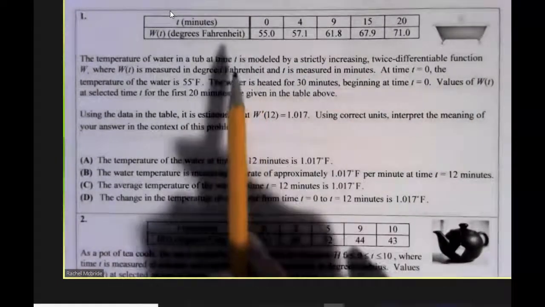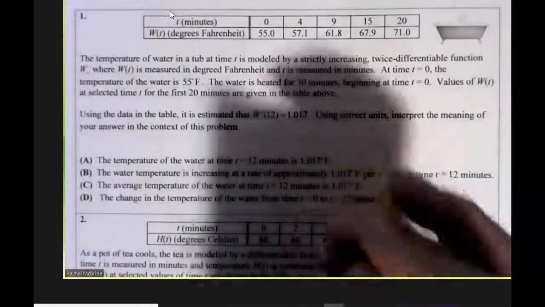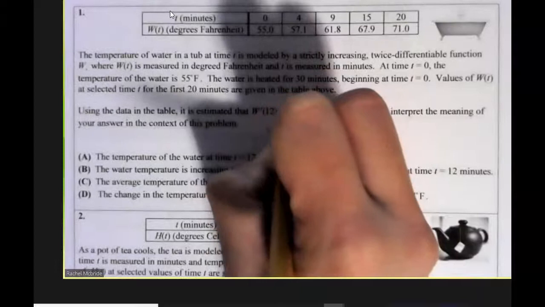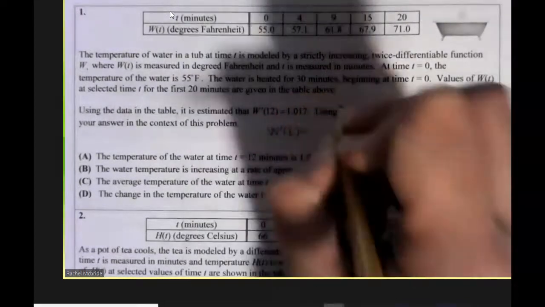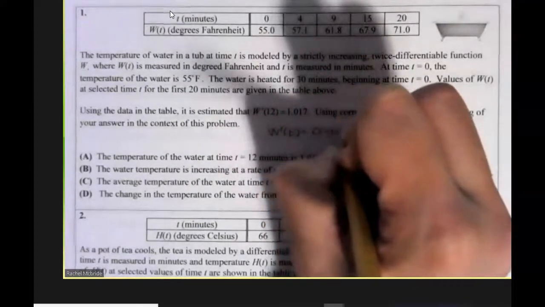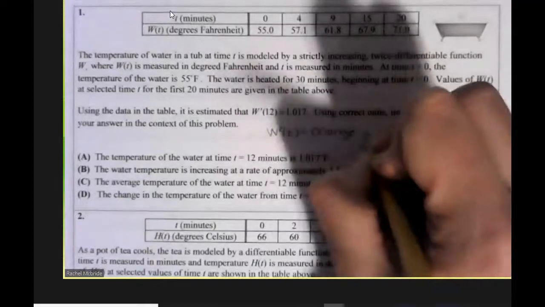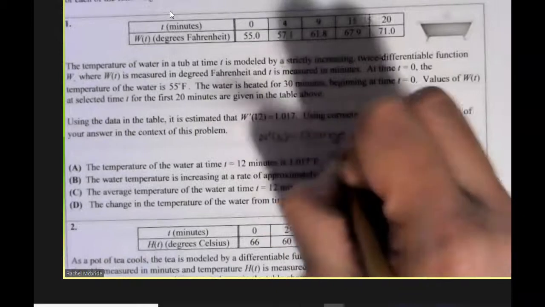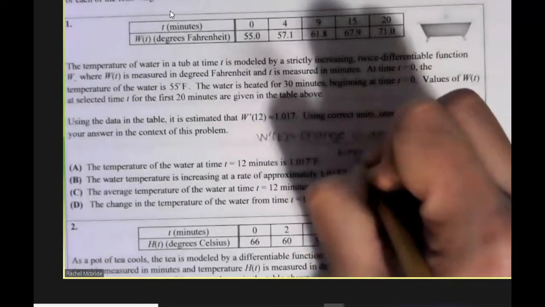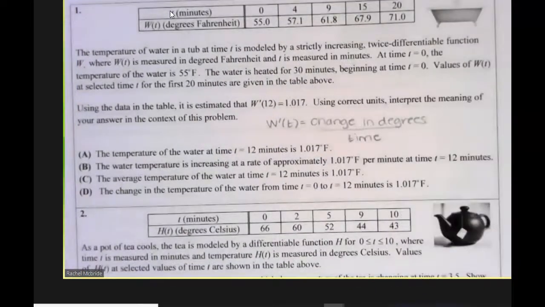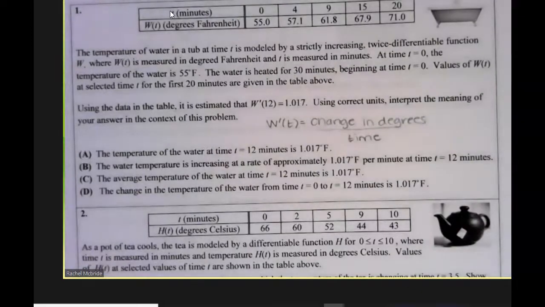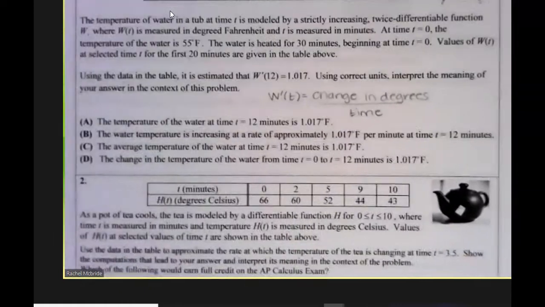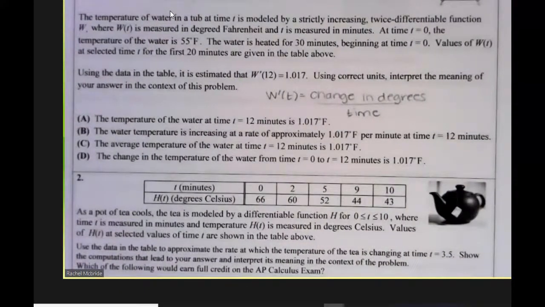So for W in this case, it would be the change in degrees over time. So we're looking for an answer choice down below that reflects that kind of conceptually.